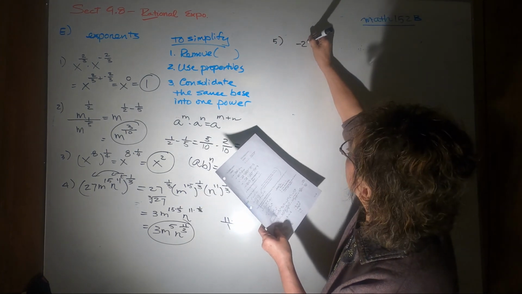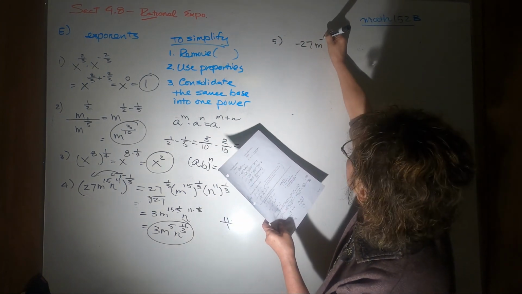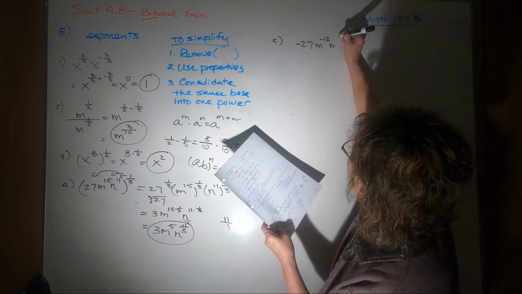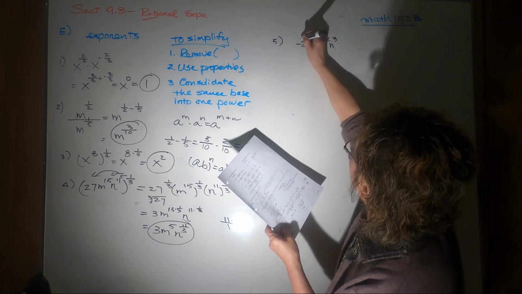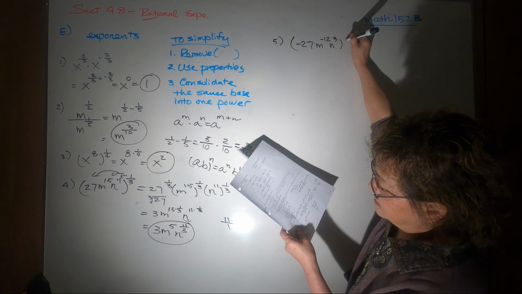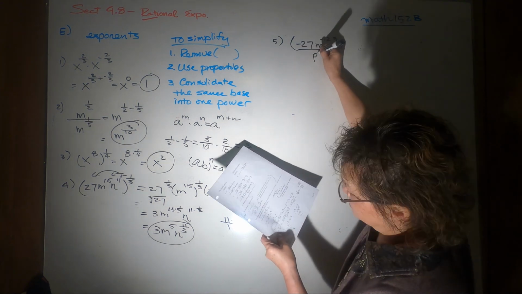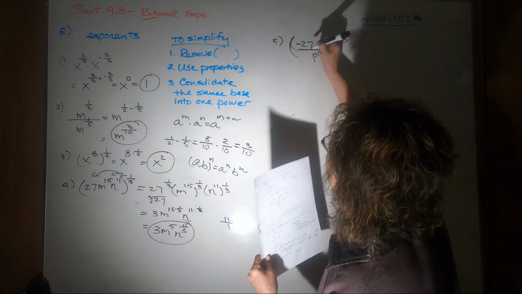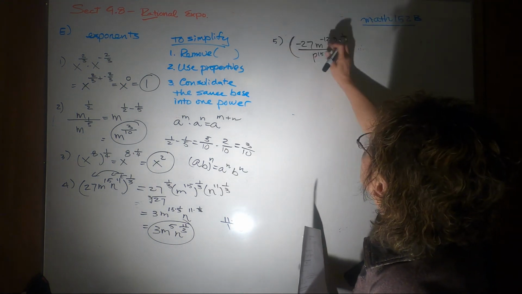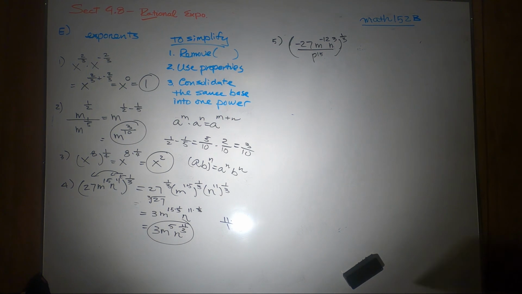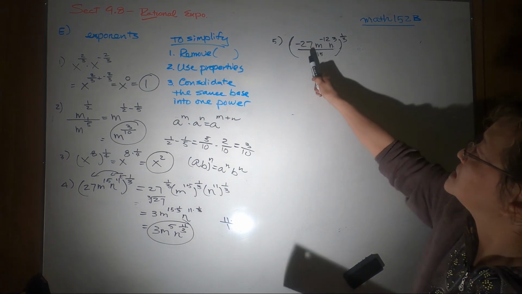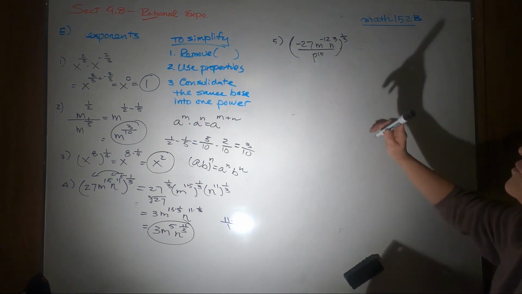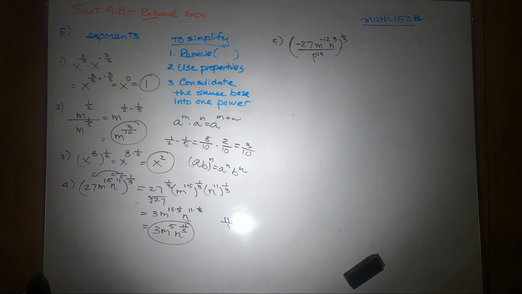If we have negative 27, m to the negative 12, n to the 3rd power, over p to the 15, to the 1/3, whole thing. For the 1/3 power, you have how many things inside? 1, 2, 3, 4. Four things.